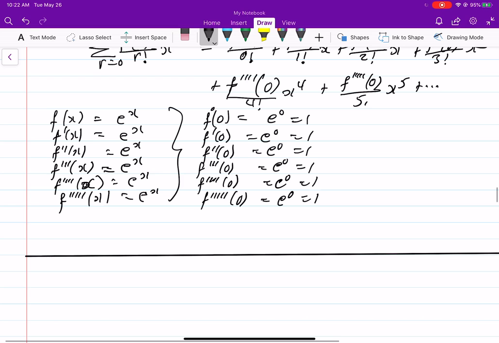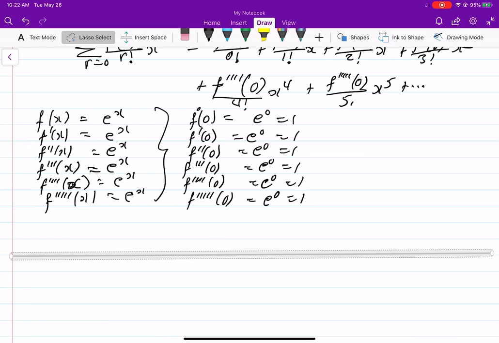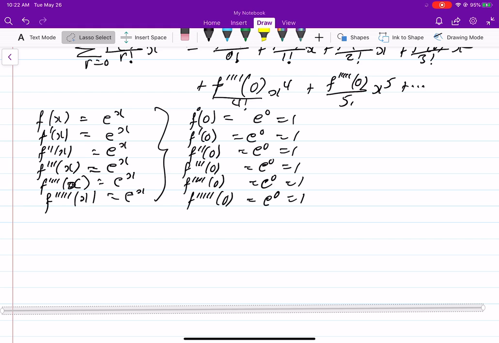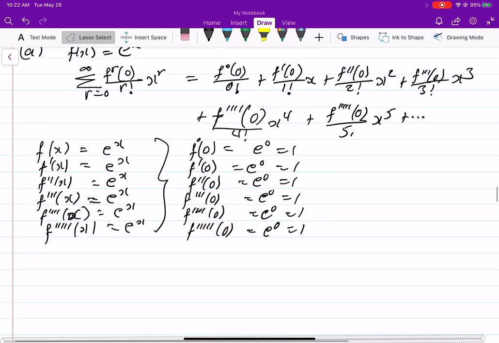And then I will simply substitute each of those values into the expansion that I have there. F of x, which is e to the x, can now be written as f0 primes of 0 is 1, 1 upon 0 factorial, that's also 1, plus f prime is 1, 1 over 1 factorial, that's 1 times x.